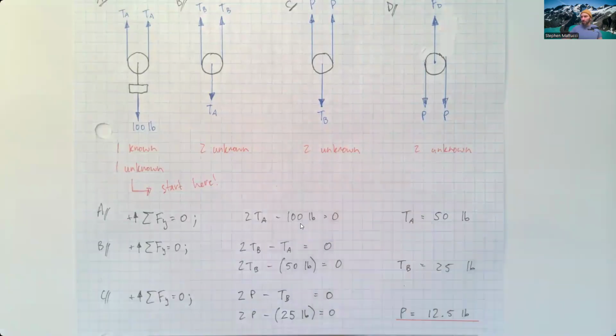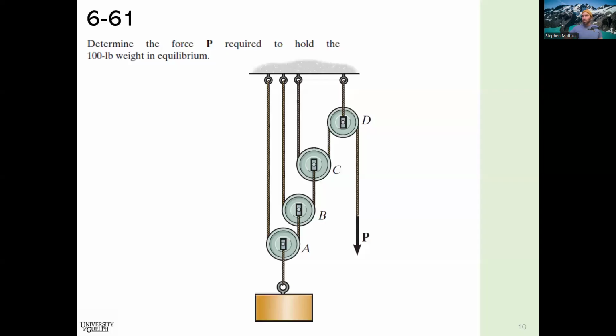So when we look at this, I guess the other interpretation, we see a pulley problem like this. For each of these pulleys, every time we step to another pulley, we're basically dividing that force in half. So we've got 100 pounds needs to be divided between these two pulleys. One of them's up here on the wall. That's going to take half of that weight. The rest of it's going to go to B. Same thing on this one.